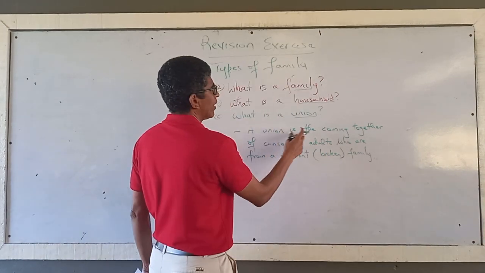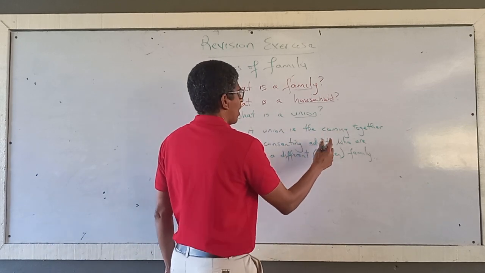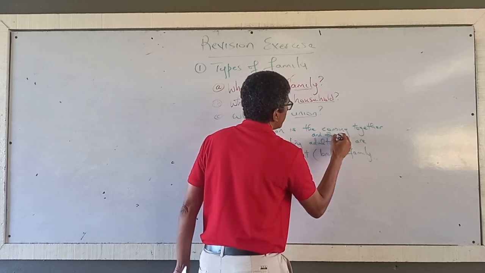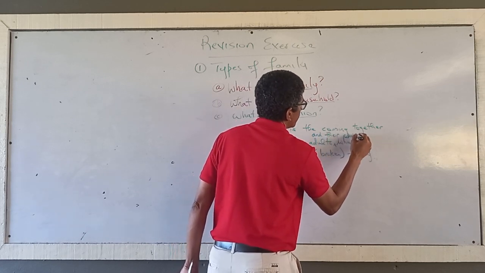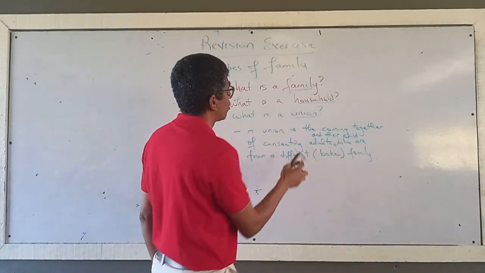Let's go again. A union is the coming together of consenting adults. And their children. No, that's wrong. My bad. There's no 'and their children.'